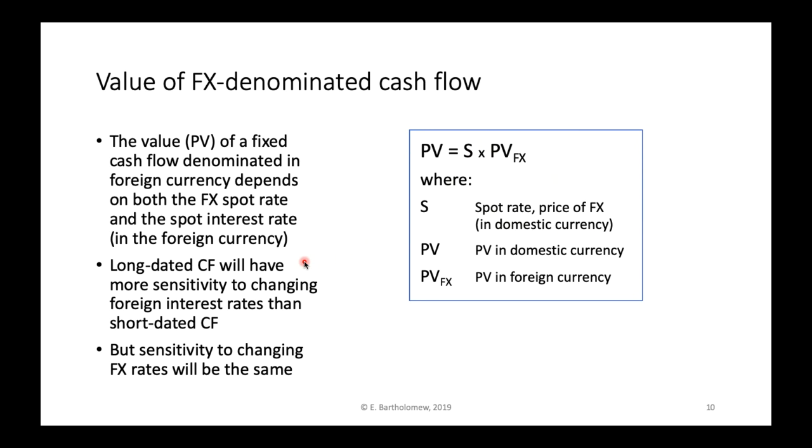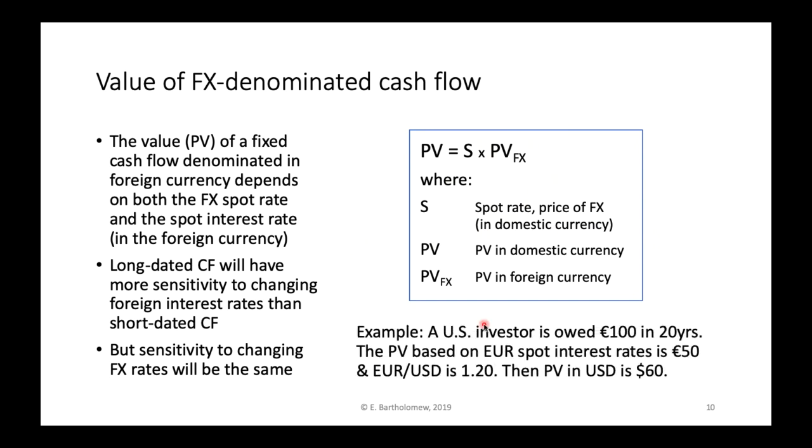And as we'd expect, long-dated cash flows will have more sensitivity, they'll have higher duration, and so they'll be more dependent on this interest rate than will be short-dated cash flows. But regardless of the duration of the cash flows, they will have the same sensitivity to FX rates.